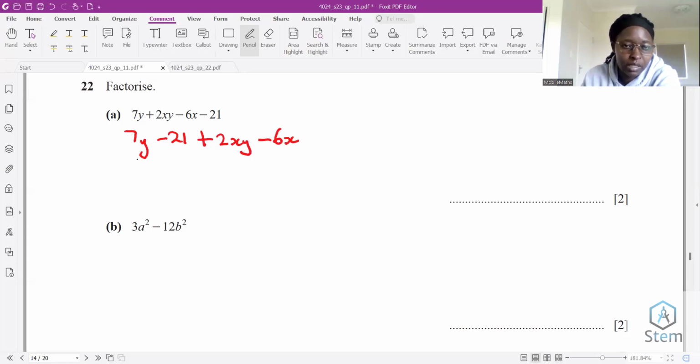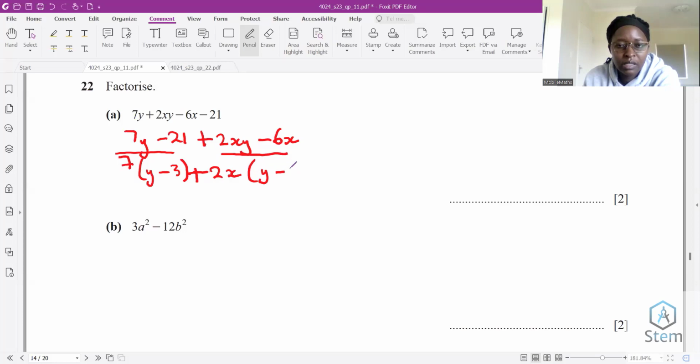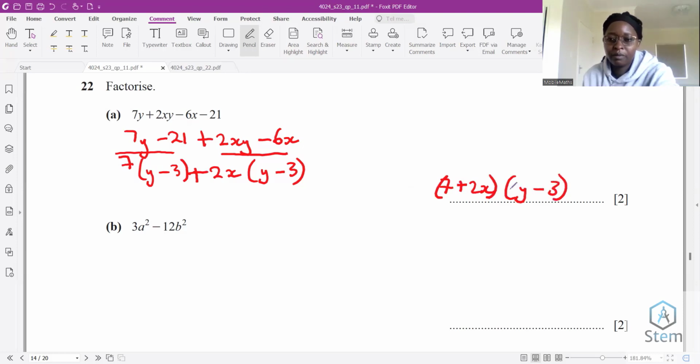I think this will make sense. So I can take away a 7 for this group here, 7, then remain with y minus 3. Then for this other part here, I can take away plus 2x. Then I'll remain with y minus 3. Fine. Then I can write my final answer as 7 plus 2x, then y minus 3. Okay, perfect.